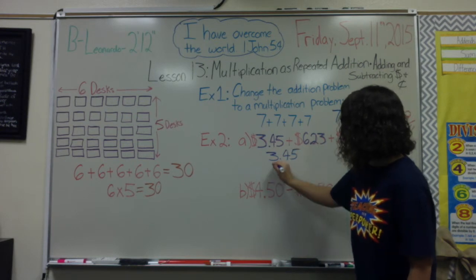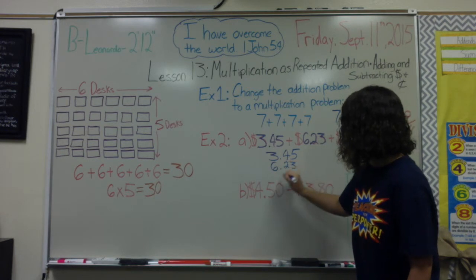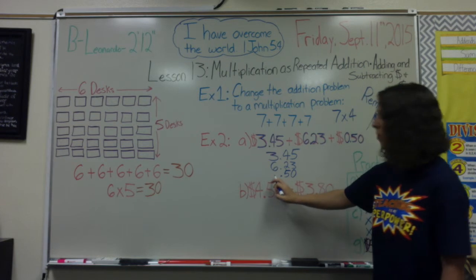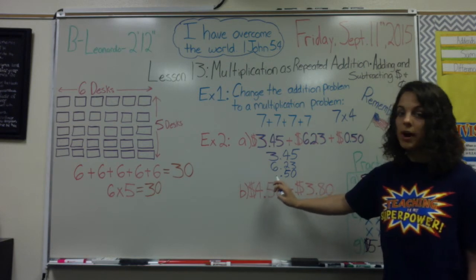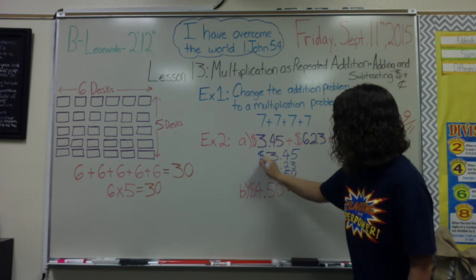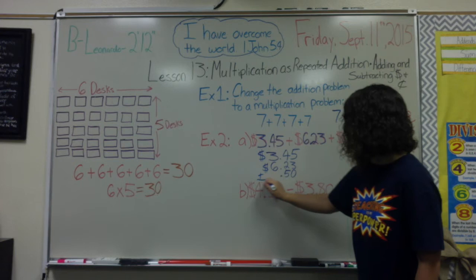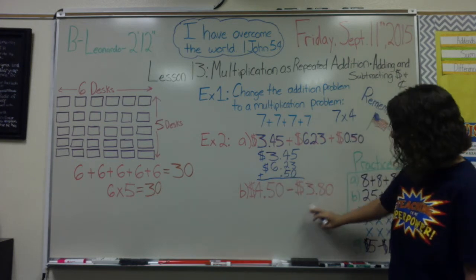I can put my 0 there, or I can just leave it because 0 is nothing, so I won't be adding anything. And of course, I won't forget my dollar signs. I'm adding.